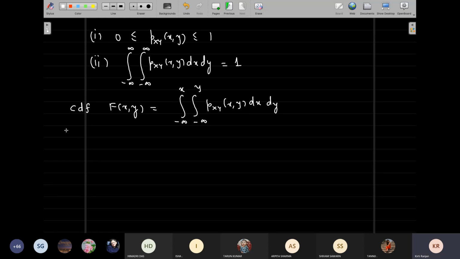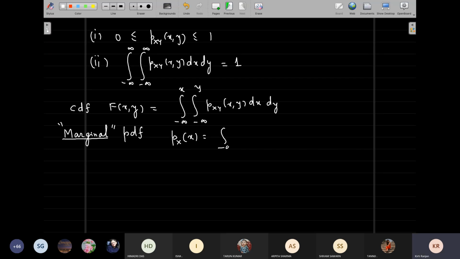Now something which is important to note, which happens for bivariate and multivariate further, but not in the case of the univariate ones, is what we call the marginal PDF. Now what are the marginal PDFs? If you take the projection of this joint PDF onto one axis, let's say the x axis only, you will get what we call the marginal PDF of x, and now I write capital X here.